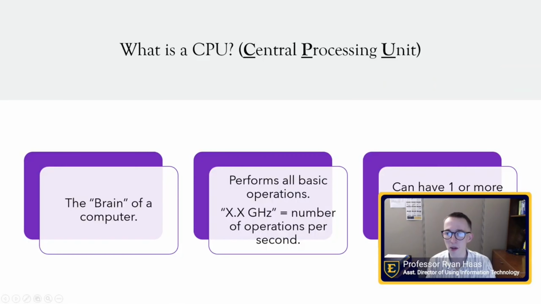So the CPU, or central processing unit, is what we consider the brain of a computer. This is also called a microprocessor. It's responsible for taking in the inputs or instructions, organizing them, and executing them to give us our desired outputs.